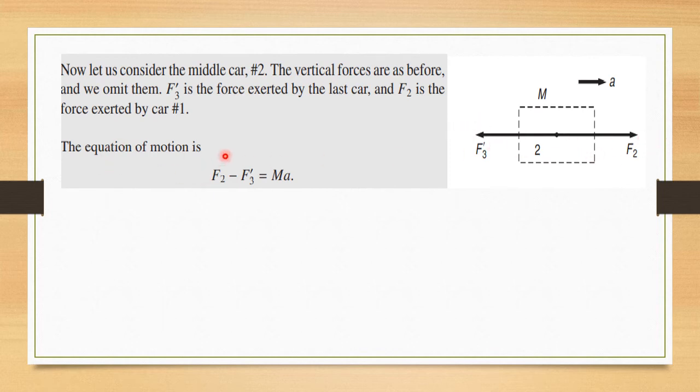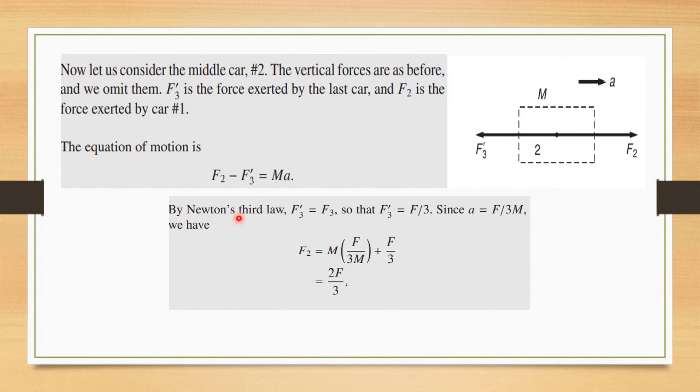Now the equation of motion will be F2 minus F3 dash is equal to ma. So the net force will be F2 minus F3 dash equal to ma. Now by Newton's third law, F3 dash is equal and opposite to F3. Since the value of F3 is F by 3, therefore F3 dash is also equal to F by 3.